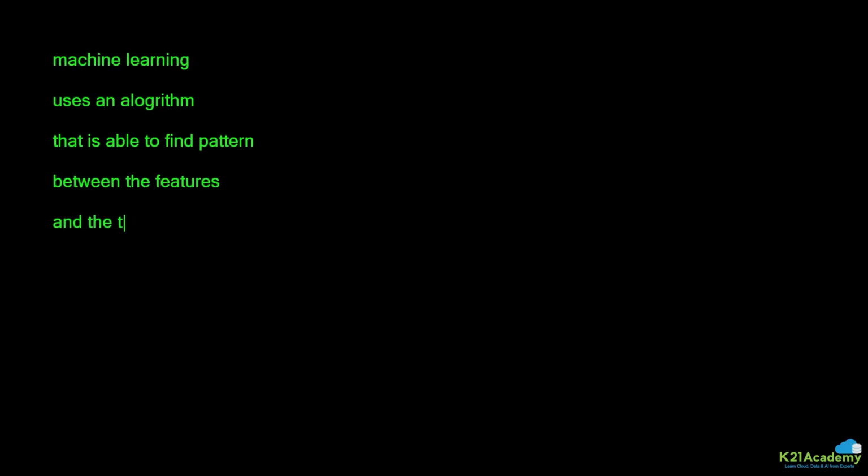This is what we call machine learning. Basically, it tries to form a relation where the target is a function of features. This is what we go ahead and do.